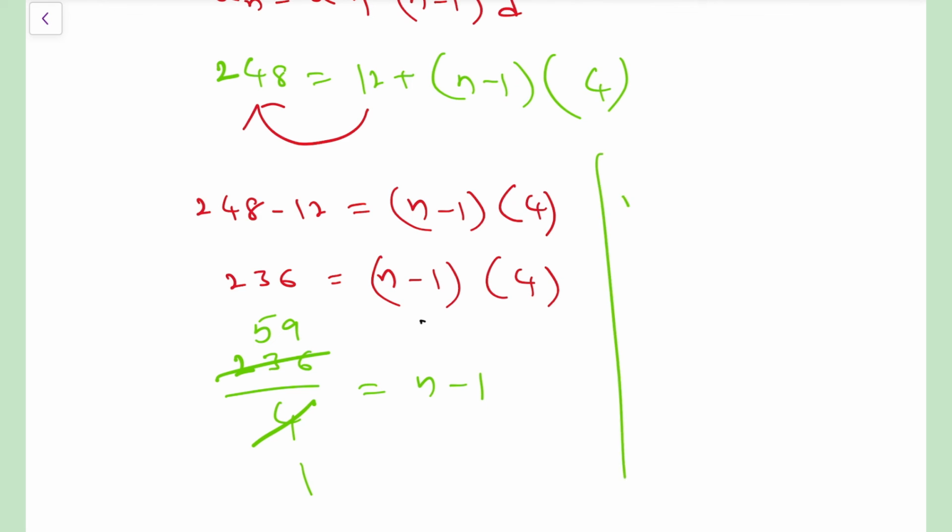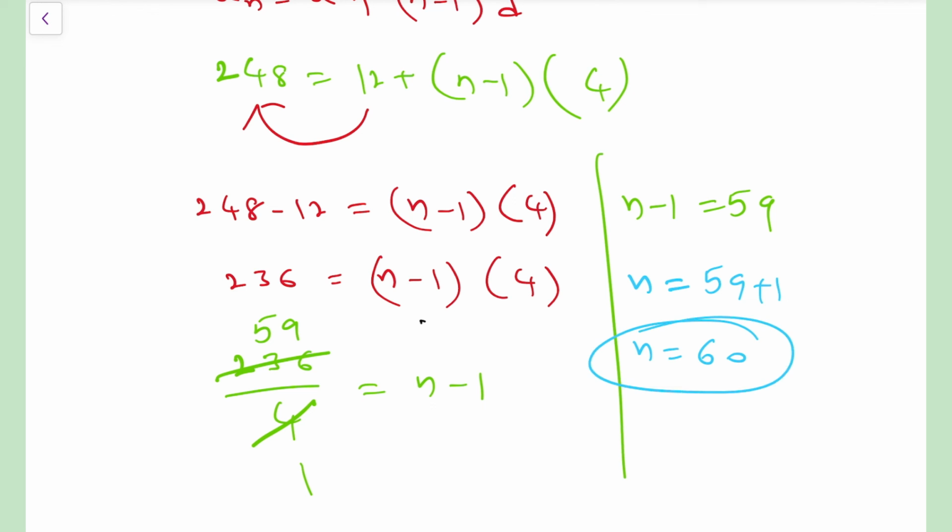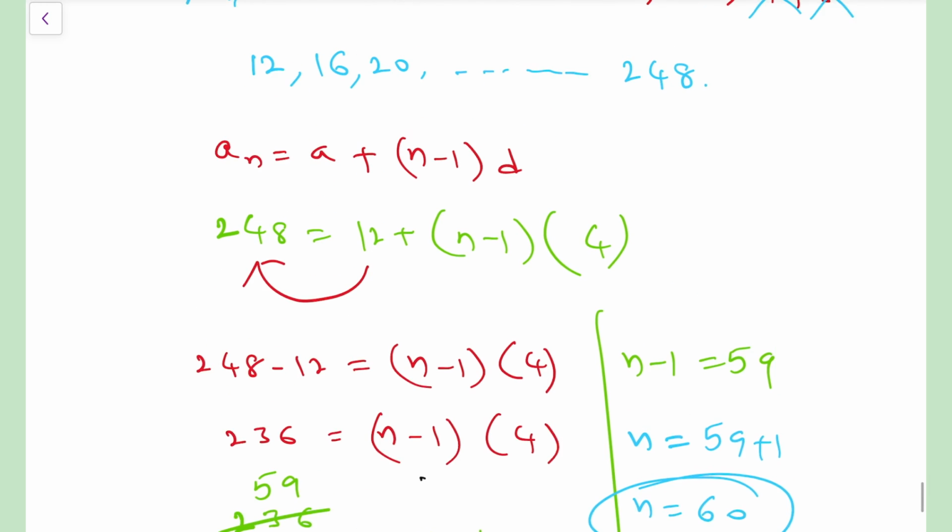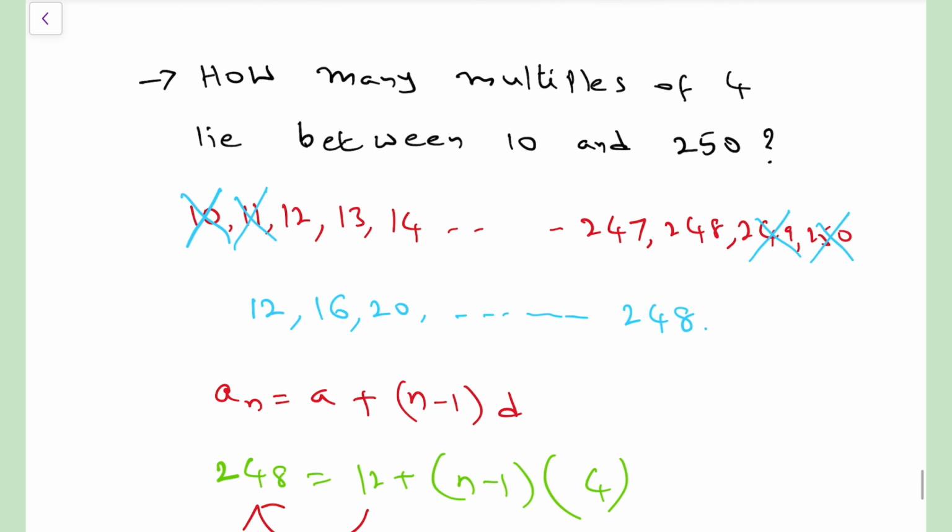So n minus 1 equals 59. Take minus 1 also to the right side, then it will become plus 1. n equals 59 plus 1, so n equals 60. So total 60 terms are there which are in between 10 and 250, and that too those are multiples of 4.